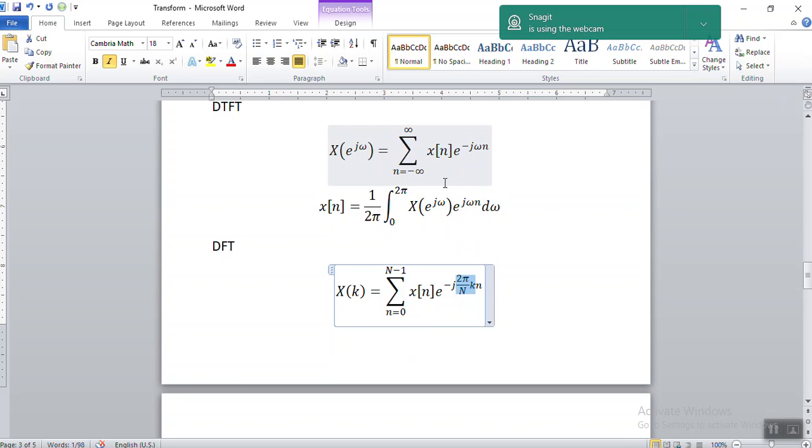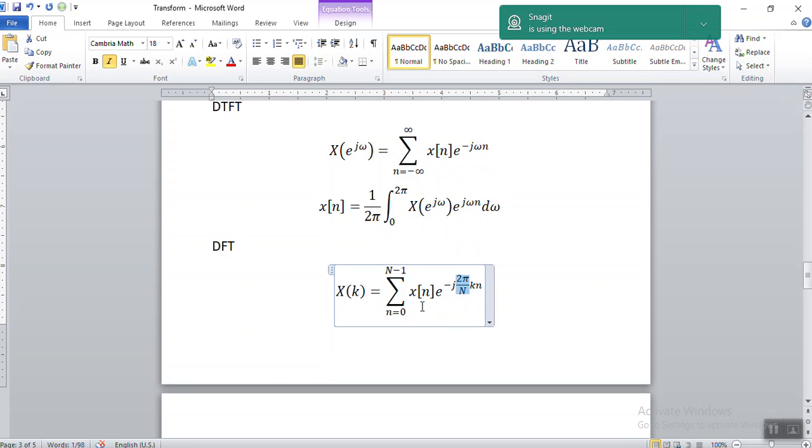So instead of omega, now it is being sampled with equally spaced 2 pi by N into k. Instead of omega, I have put 2 pi by N into k. So instead of e to the power minus j omega n, now it becomes e to the power minus j 2 pi by capital N into k into n, x of n.